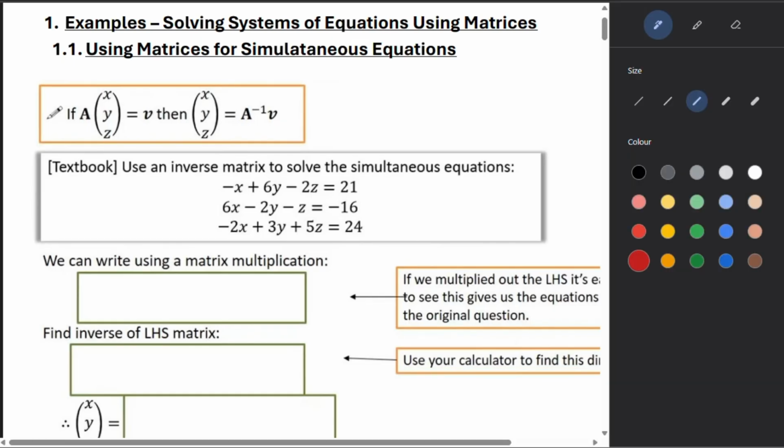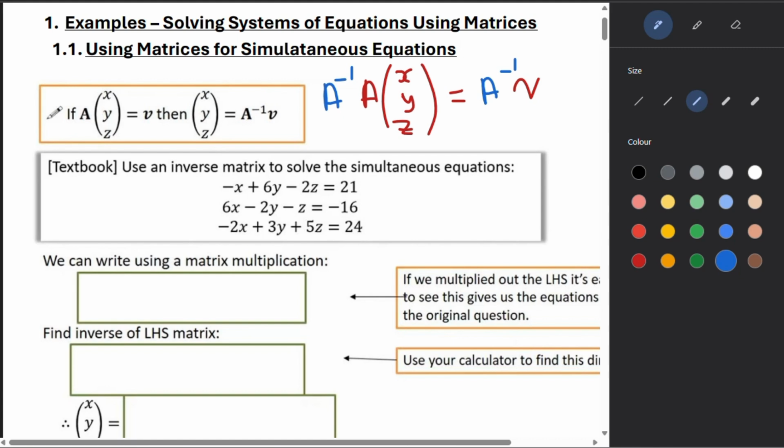So if we think of it like this, we have our matrix A multiplied by x, y, z, and we're saying that is equal to V. Well, we know if we multiply both sides on the left, remember it's not commutative, so if it's on the left on one side, it has to be on the left on the other.